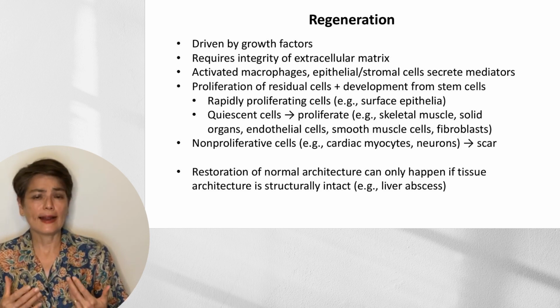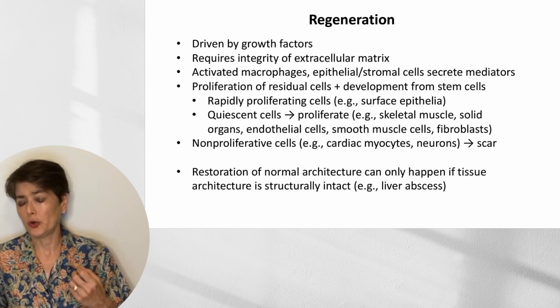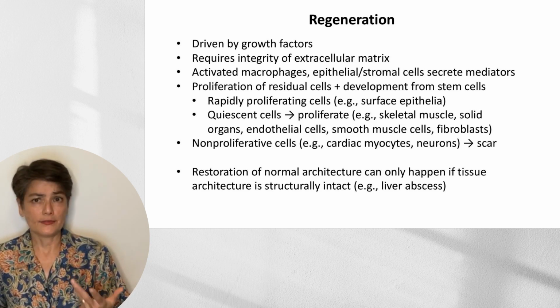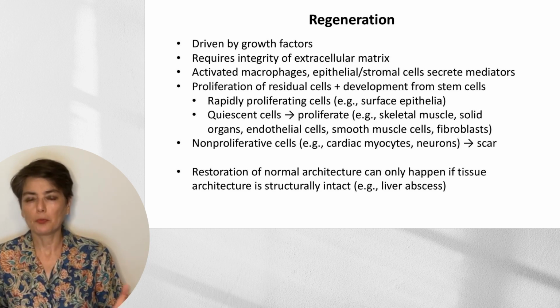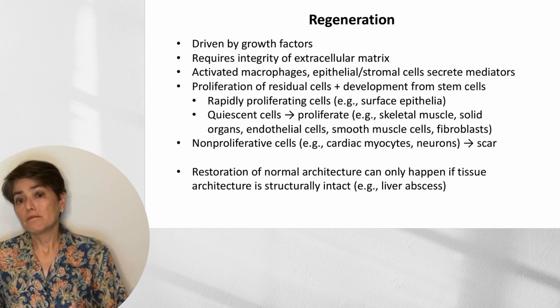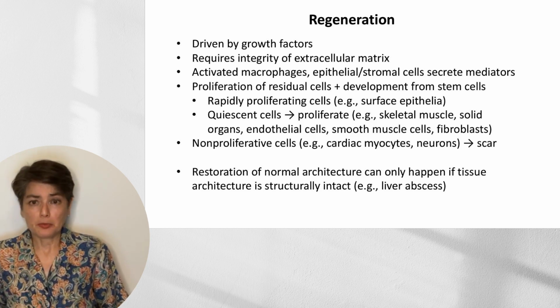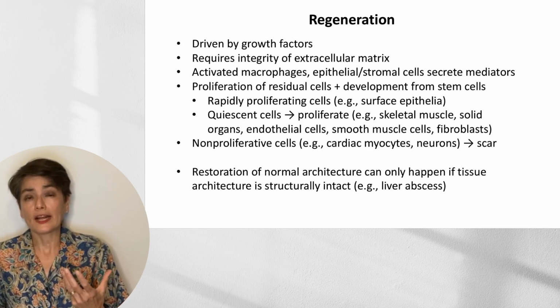Now, in tissues that have rapidly proliferating cells, for example, the surface epithelia, so a shallow ulcer in the stomach or a cut on the skin, the cells are already able to proliferate rapidly. This will happen very smoothly, no problem at all. Now, most tissues are not rapidly proliferating all the time, and these are in a quiescent state.